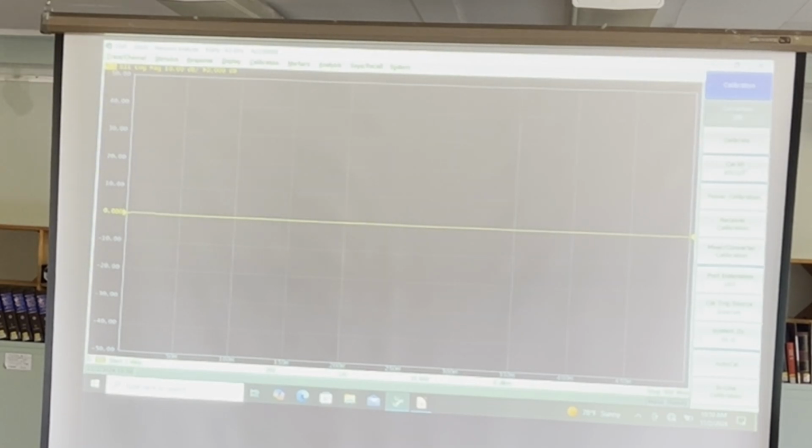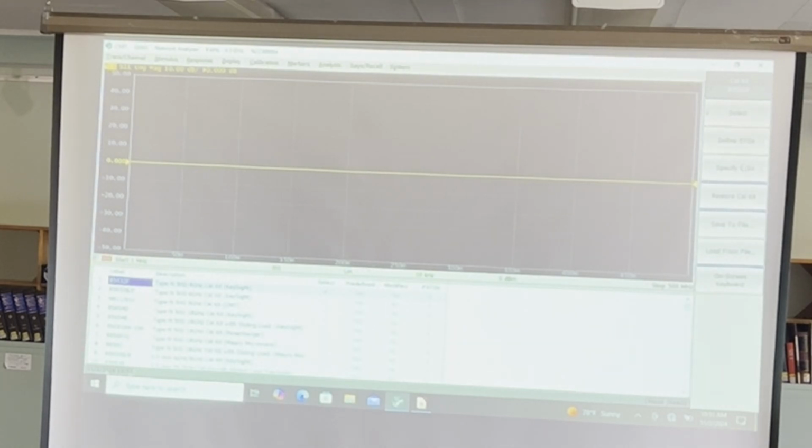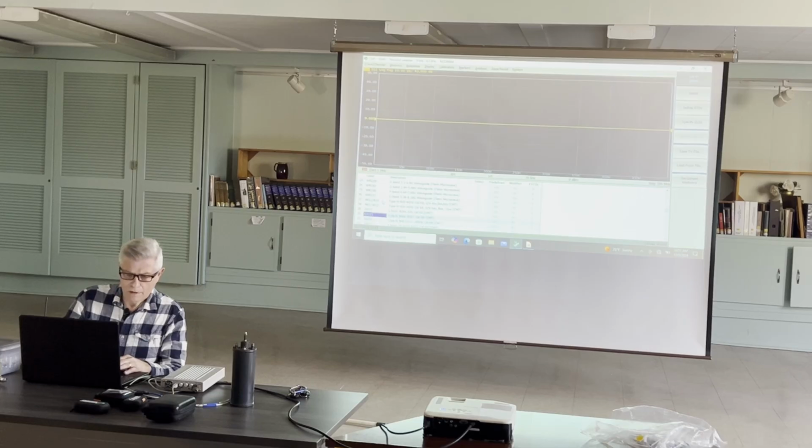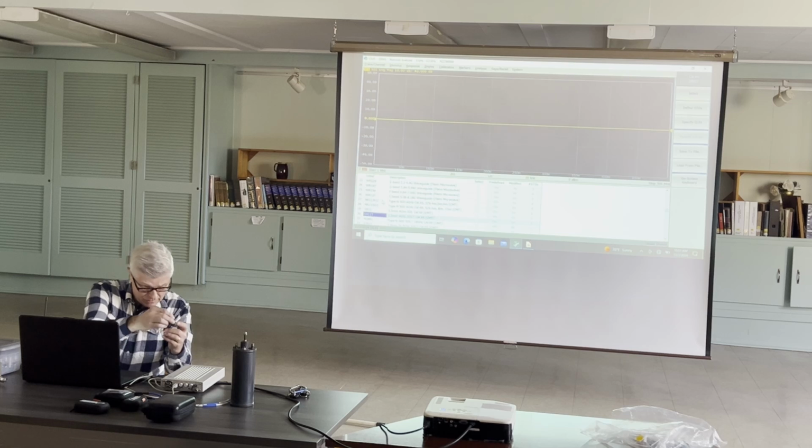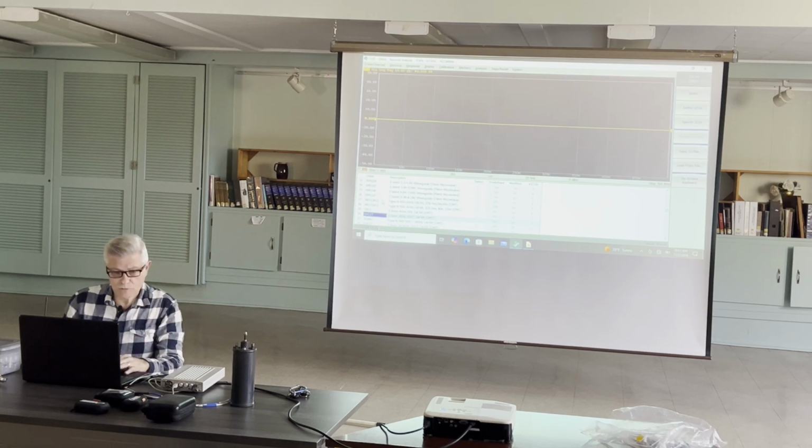Cal kit. We got to tell it which cal kit we're going to use. There it is. I want to use the 911T. I think that's what this one is. Yep, that's the one I want to use.